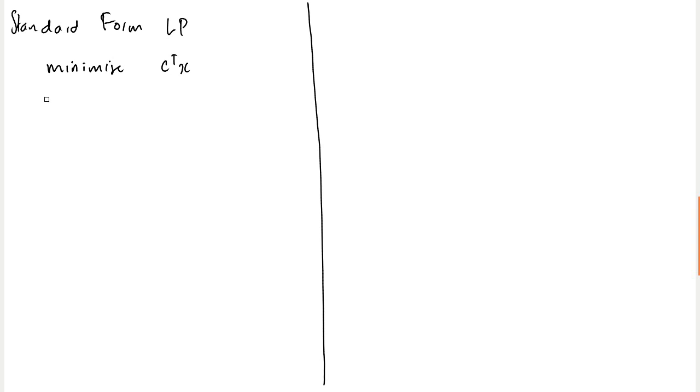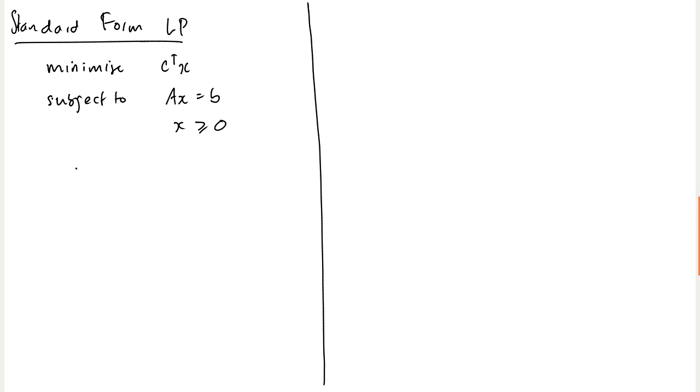Okay, so we're going to start with a linear program in standard form. Standard form LP, as we looked at last week, is to minimize a cost c transpose x subject to some equality constraints and some non-negativity constraints.